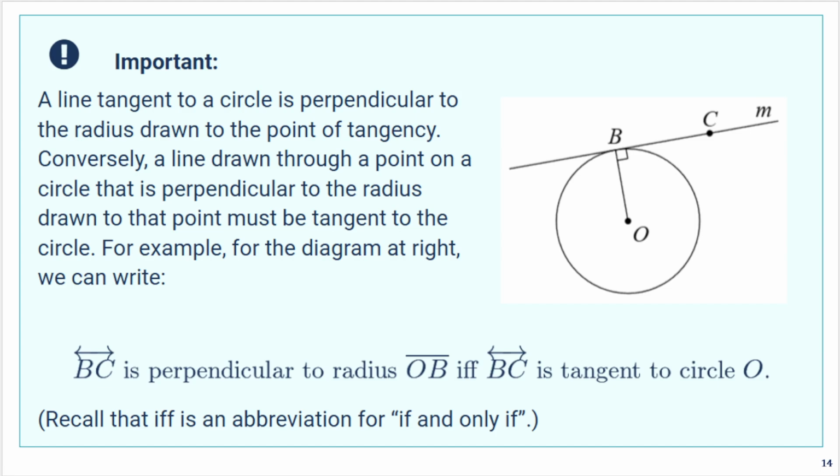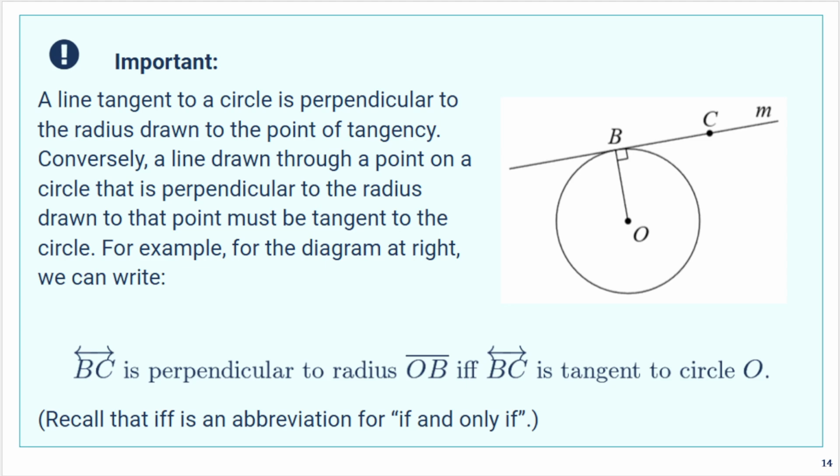So the proof we have just seen tells us a very important feature. A line tangent to the circle is perpendicular to the radius drawn to the point of tangency. Conversely, a line drawn through a point on a circle that is perpendicular to the radius drawn to that point must be tangent to the circle.